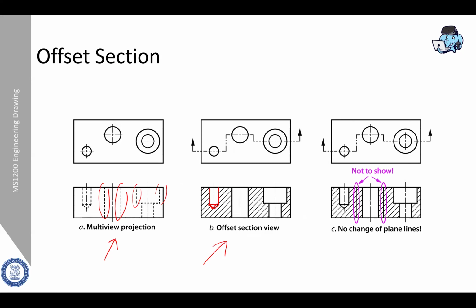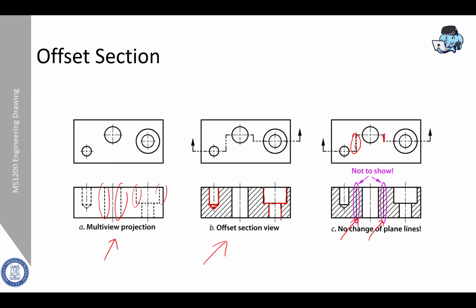Okay, it shows you the holes actually. And the bending line, what we call the bending line here, we do not show the bending line in the section view. So we don't need to draw, how to say, this bending line.